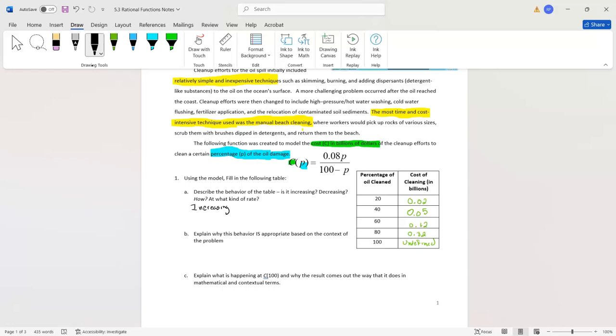So are these increasing by the same billions of dollars? Here we have $0.03 billion, but here we have $0.07 billion. So it is not linear. It's increasing, but not linear.